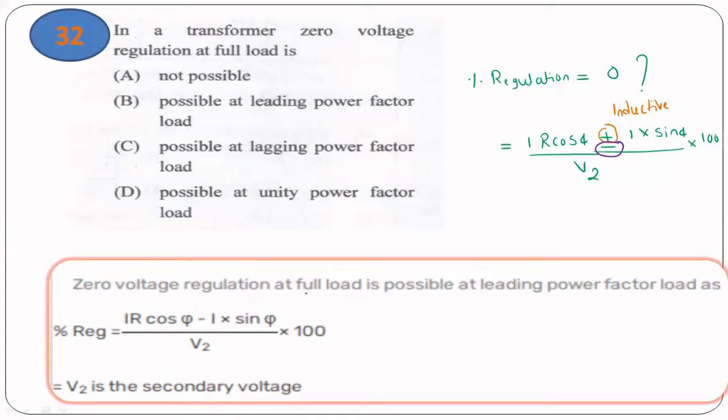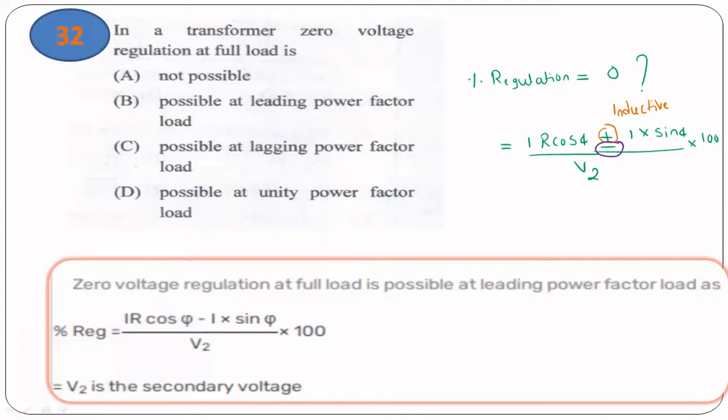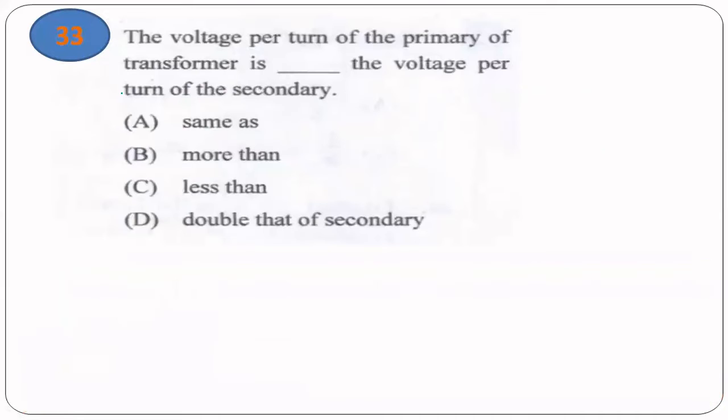Zero voltage regulation at full load is possible at leading power factor load. Because it is a leading power factor load, the formula becomes I R cos phi minus I x sin phi divided by Vt. From this formula, we know that zero voltage regulation is possible at leading power factor load. That is option B. It is not possible during lagging power factor, and it is also not possible during unity power factor, but it is possible during leading power factor.